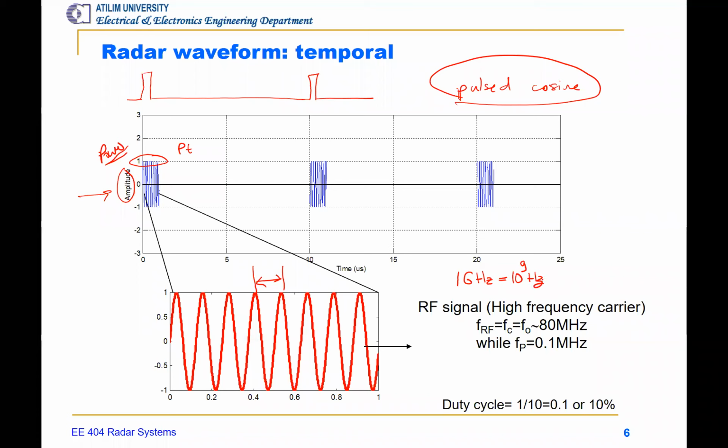So if we take a sinusoid whose frequency is 1 gigahertz, 10 to the power 9 hertz, then the period is going to be 10 to the power minus 9. Let's define both.